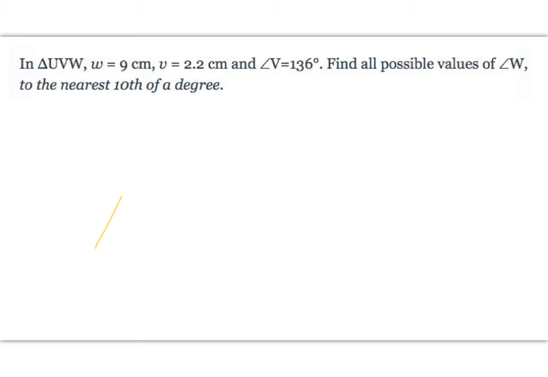All right, here's another one. We've got triangle UVW, and we're told that W is going to be 9, V is 2.2, and angle V is going to be 136. First thing I notice is that this is not a law of sines problem.